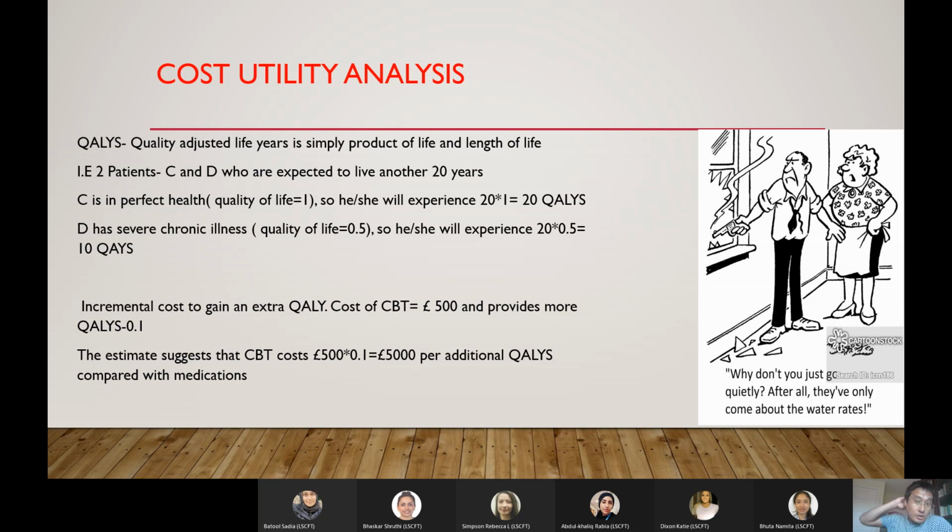Okay, so in MCQ, let us do QALY. Which of the methods is used to calculate the QALY out of the 5 options? Cost benefit, cost utility, cost effectiveness, and 2 more options. Utility. Okay, and if they ask you to calculate the incremental cost, just multiply the cost with the QALY and that will give you an answer.